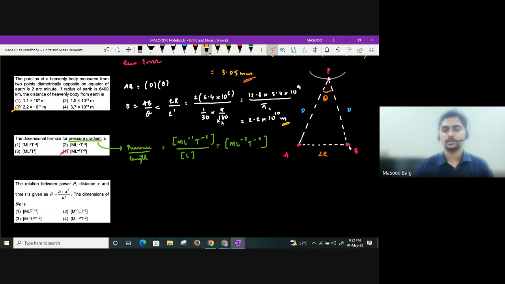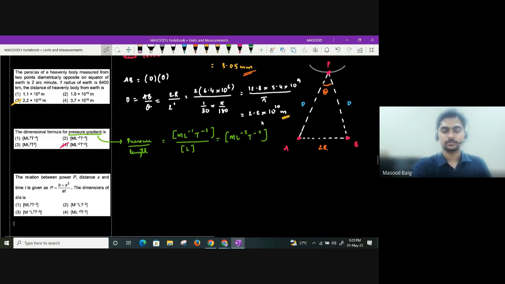So AB is a small part of a circle centered at point P, subtending 2 arc minutes. 1 degree is 60 minutes, so 1 minute is 1 by 60 degree, and 2 minutes is 1 by 30 of a degree. Each degree is pi by 180 radian, so into pi by 180 you get 2.2 into 10 power 8. Clear to all of you? Yes or no?